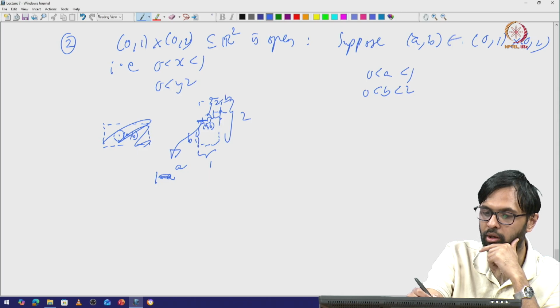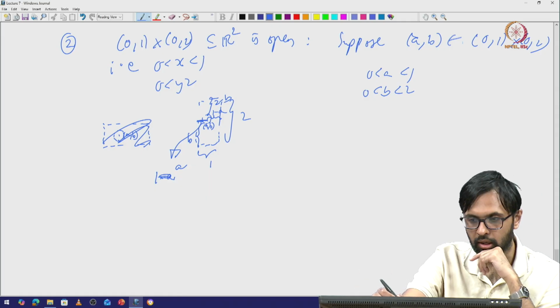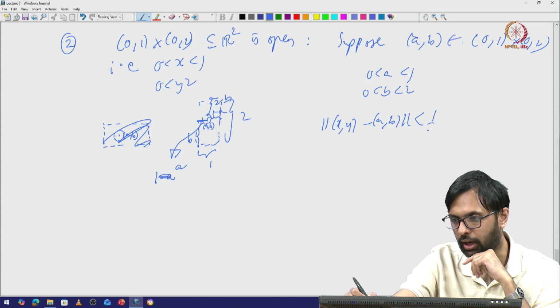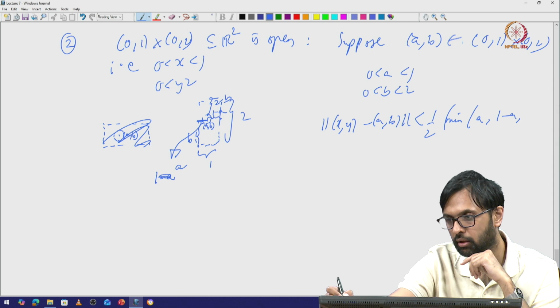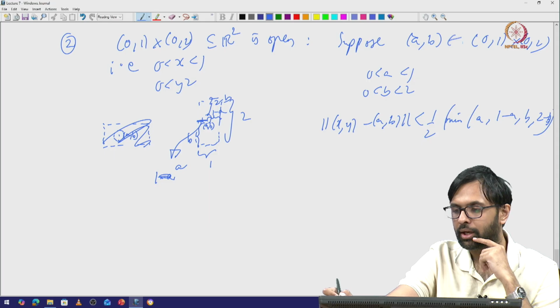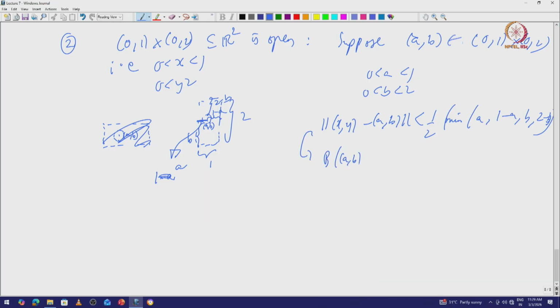Certainly the radius of the ball must be less than these numbers. So if we take this ball, with radius less than half of the minimum of these numbers, a ball with center (a, b) and radius r positive, where r equals this, the claim is this ball lies entirely within the rectangle.